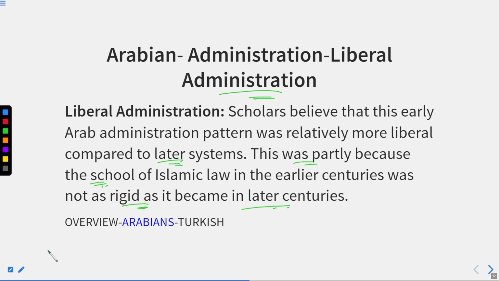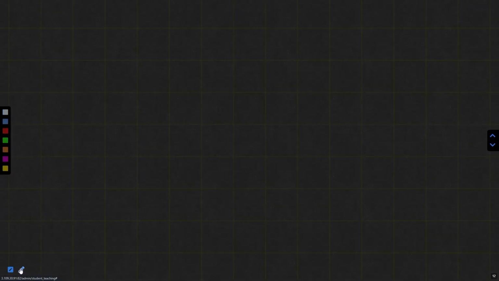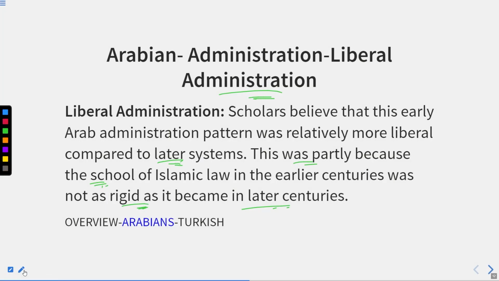So basically, when they captured new territories, they were not likely to impose Muslim laws like Sharia or Hadith. Instead, they tried to formulate a mixture. They took something from the local laws, took something from the Islamic laws, and mixed them together, for better efficiency, so that everyone should be happy. That was their main plan.